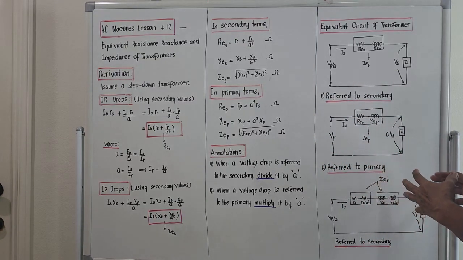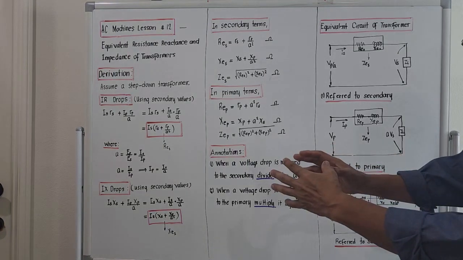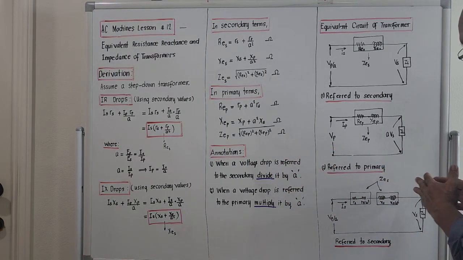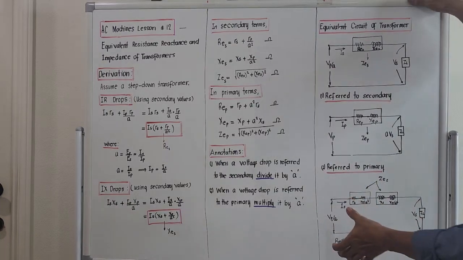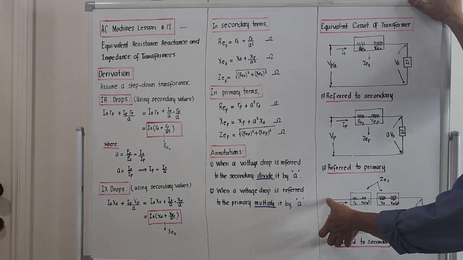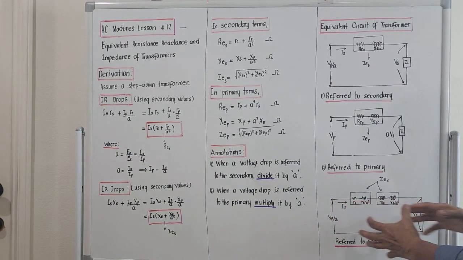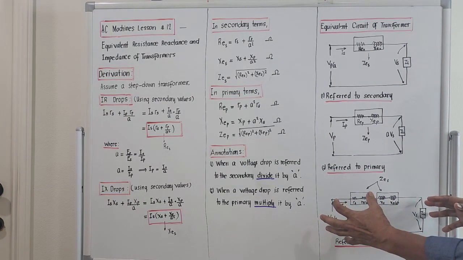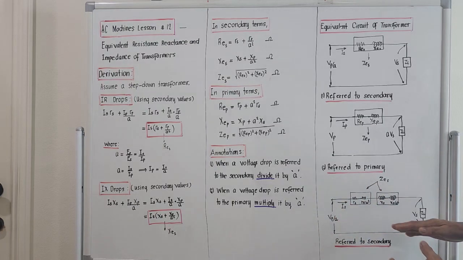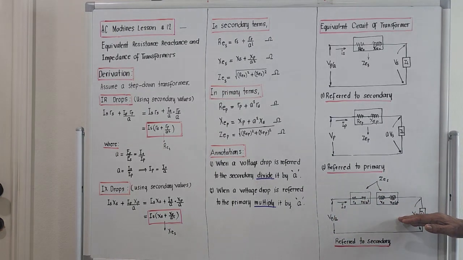We start with the secondary, then we go to the primary before we could get the primary input voltage. But in here, it is now straightforward because we simplify the diagram as something like this.